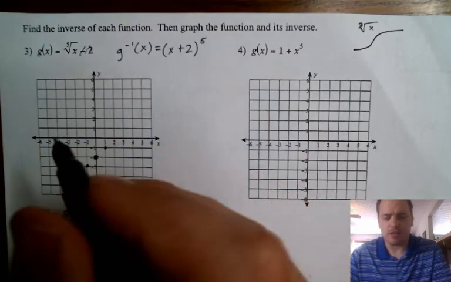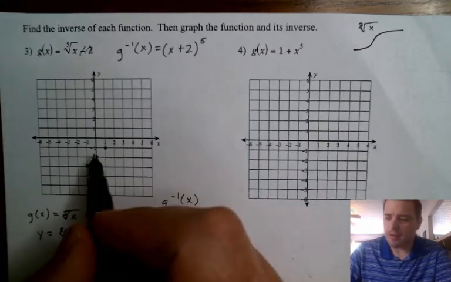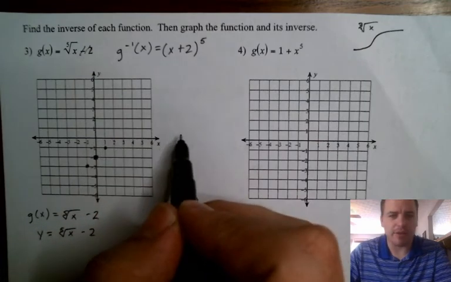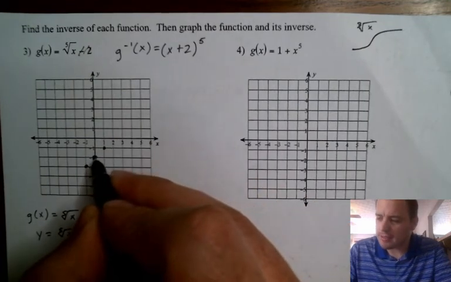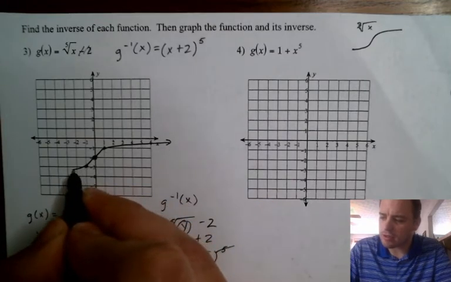But then your next number would be 32. So it'd be like this, going up 2 and right 32. So what I would do, guys, is just graph it from here and draw it just like that. Draw it extremely steep.